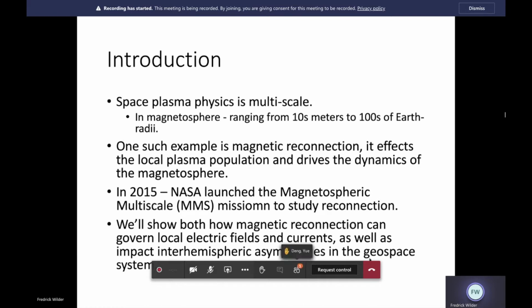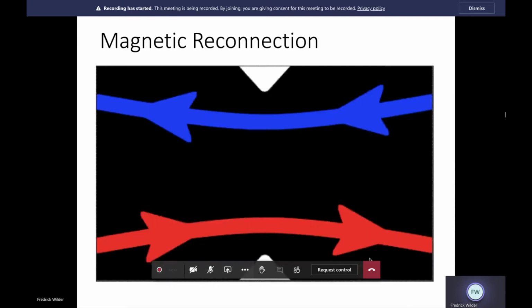It heats and accelerates particles in the local plasma population, but it also drives the circulation of plasma through the entire magnetosphere as well as the ionosphere. We're going to be talking about a mission NASA launched to study magnetic reconnection, and I'm going to show how it can govern local electric fields and currents as well as its impact on asymmetries in geospace.